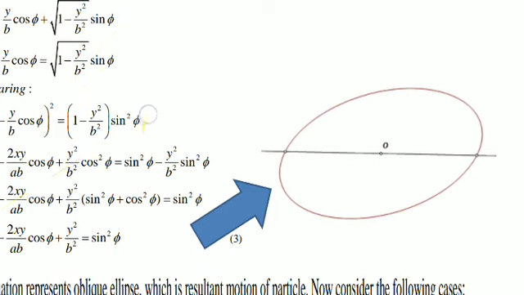Now let us square, because I don't want this under root sign. So let us square both the sides. So square of this particular bracket. So x upon a minus y by b into cos phi whole square is equal to under root of 1 minus y square by b square. So let us square it. So under root will be cancelled out. 1 minus y square by b square and sin phi. So sin square phi.